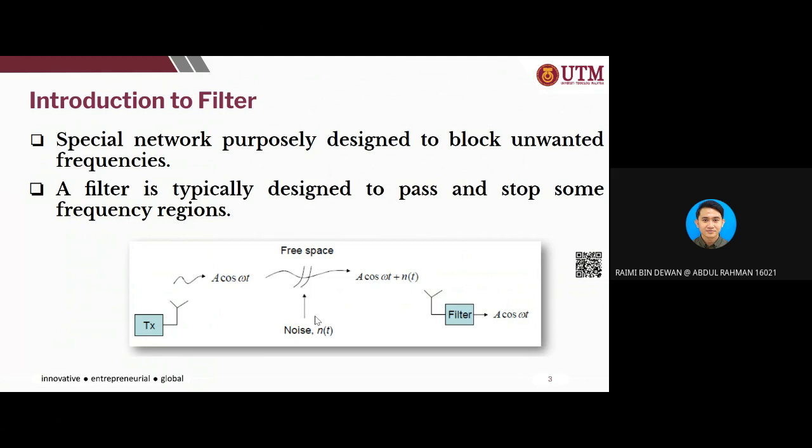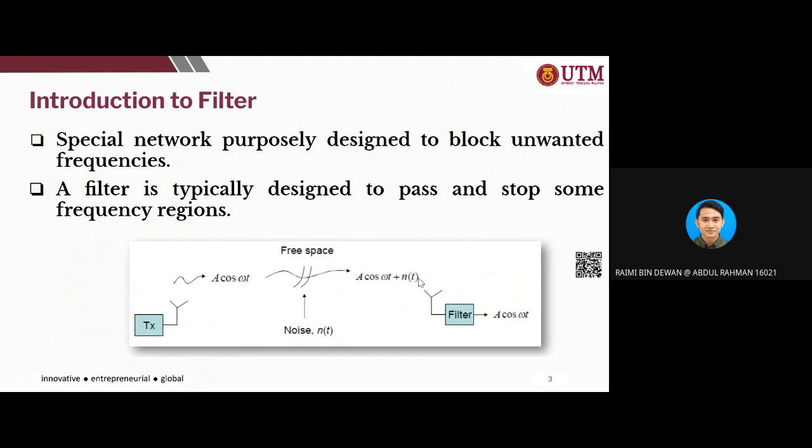The noise is something unwanted and cannot be avoided because it is there naturally. So there is a noise n(t) added to our signal. So our signal while transmitting is added with noise, which is A cos omega t plus n(t), and this is our noise.